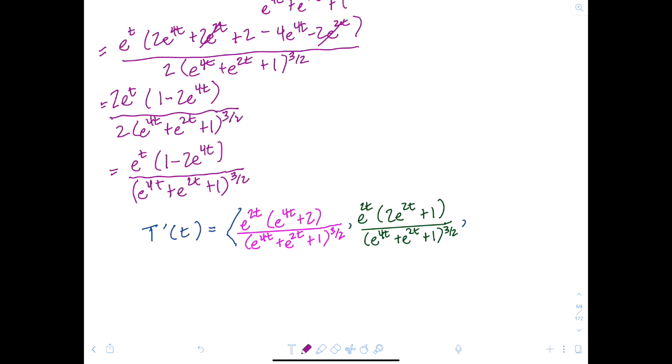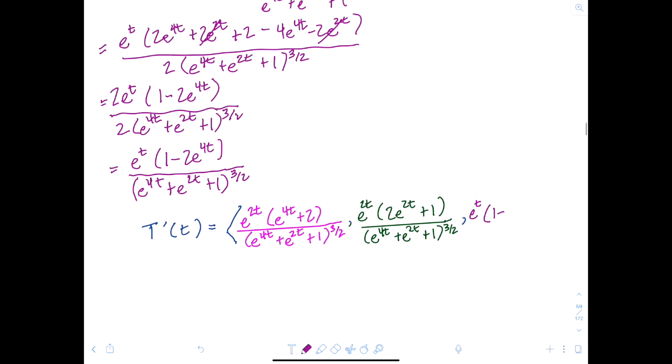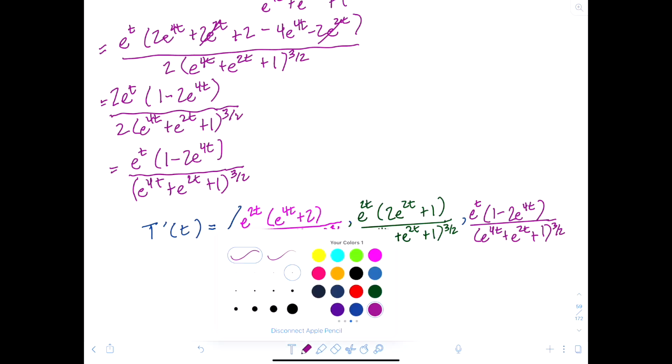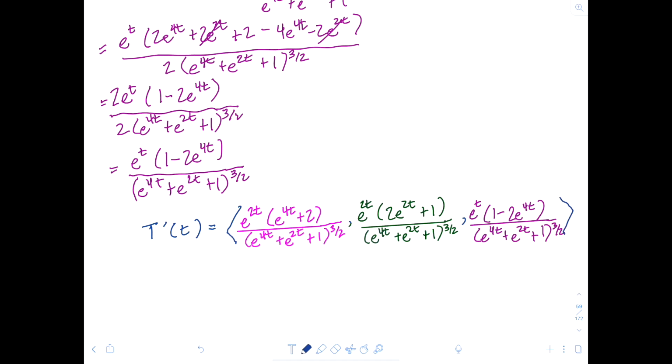And then our last part, we did that in this color. So what did we get? We got e to the t times 1 minus 2e to the 4t, all over that same denominator, which was e to the 4t plus e to the 2t plus 1 raised to the 3 halves. And that's our T prime at t. Well, why don't we find T prime at 0?